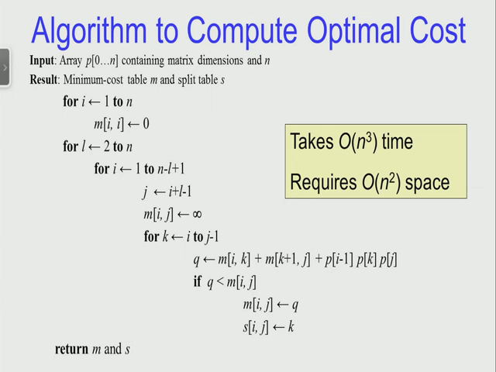They store the optimum number of scalar multiplications for the chain multiplication involving Ai to Aj, and the parenthesization information is stored by keeping track of the split value in the matrix S.